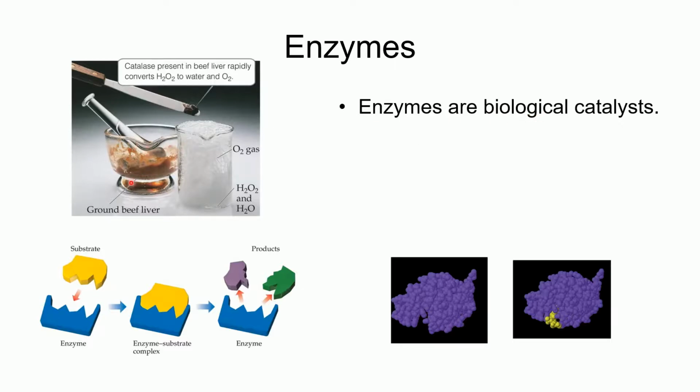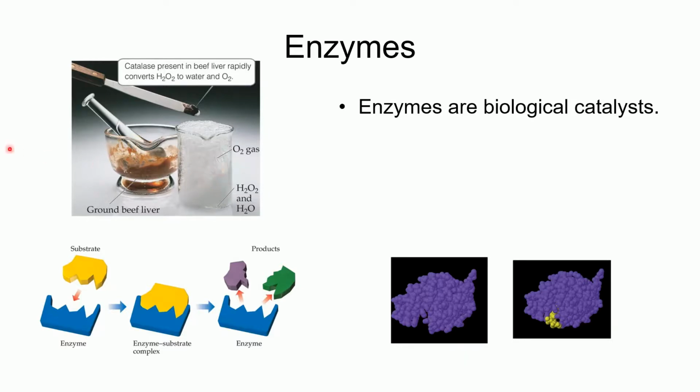Over here in this picture on the left, there is an example of a biological catalyst, catalase, which is an enzyme that is present in liver. Liver does all kinds of things and has lots of enzymes in it, and one of the enzymes is this, so it's beef liver, and that catalase is really good at converting hydrogen peroxide into oxygen and water.